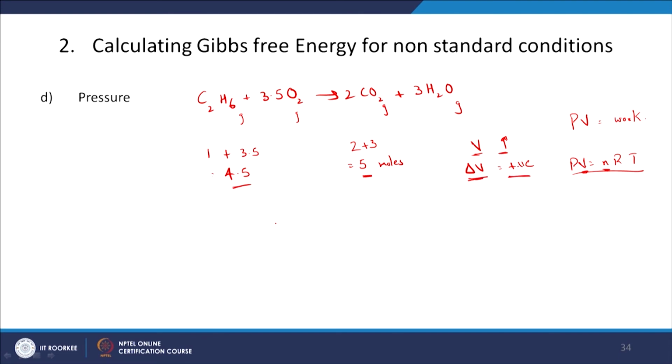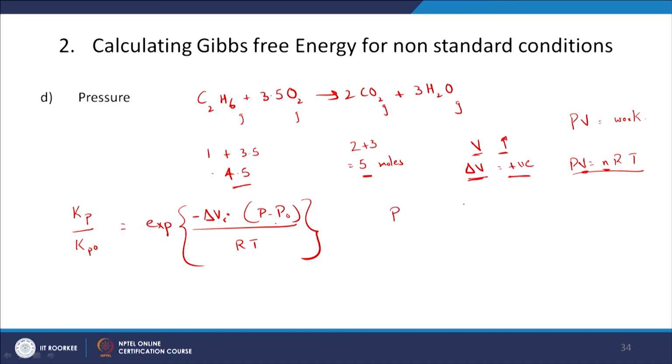Rather than going through the same derivation again as with KT by KT naught, here we can come up with Kp by Kp naught equal to exponential of minus delta V times (P minus P naught) by RT. Here we are trying to look at the effect on your equilibrium coefficient when you are changing the pressure.